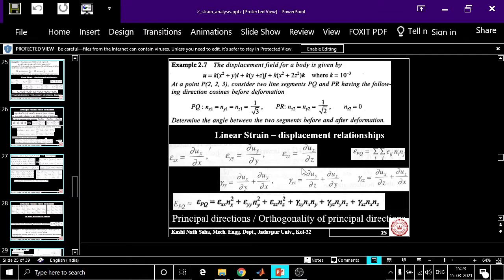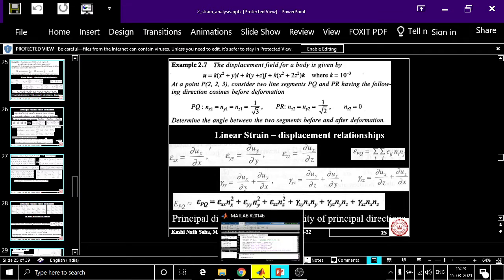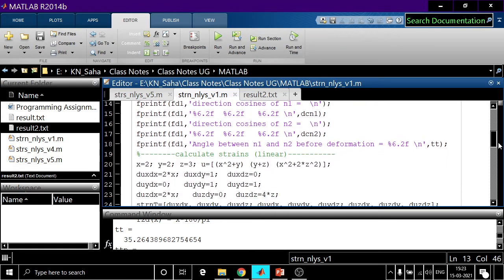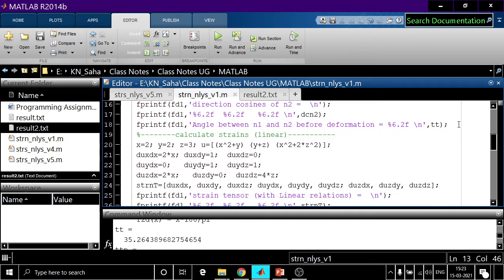This is what is done now in our MATLAB code. Up to theta this is fine, and that theta value we have written in our output file. The next part is the calculation of strain, a linear relation. These are the coordinates of that particular point, x, y, z values given in the problem.